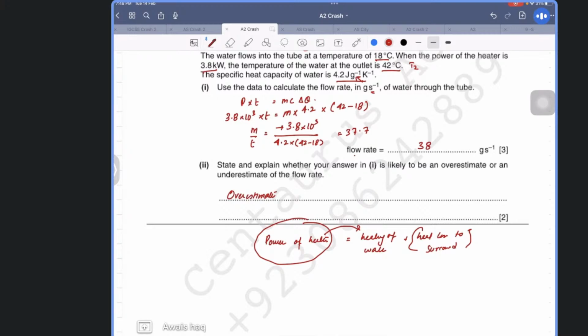The power estimate is an overestimate because there would be heat loss to the surroundings.